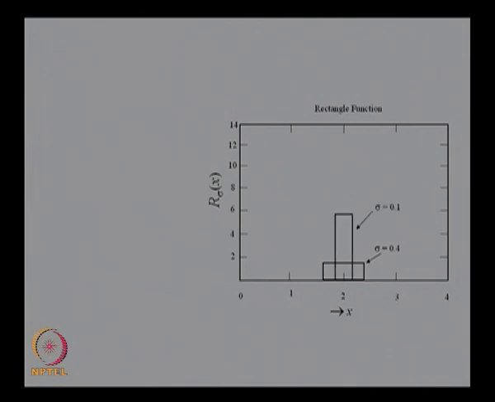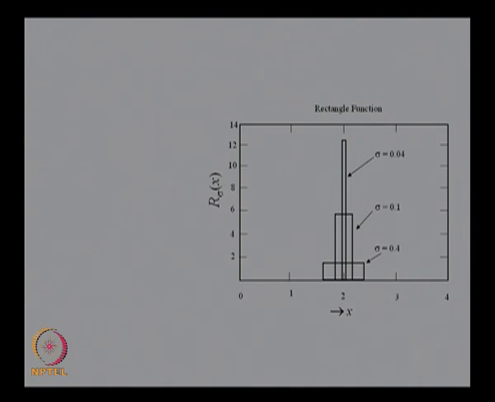Here the rectangle function is such that its value is 1 over 2 sigma, and 0 beyond a minus sigma and a plus sigma. So that as the value of sigma becomes smaller and smaller, the width of the rectangle becomes smaller and smaller, the height becomes larger, but the area under the rectangle always remains unity.